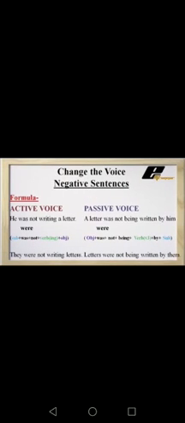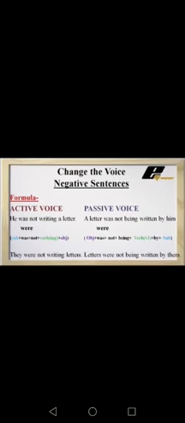Okay, let's move to the next part, negative sentences. Here in the sentences, there is: he was not writing a letter. When we convert this sentence to passive, it will be: a letter was not being written by him.